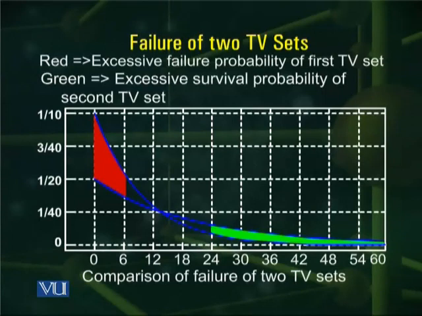So during the first 6 months, the first television is more likely to fail than the second television. The difference of the probabilities of the two failing in the first 6 months is shown in red.